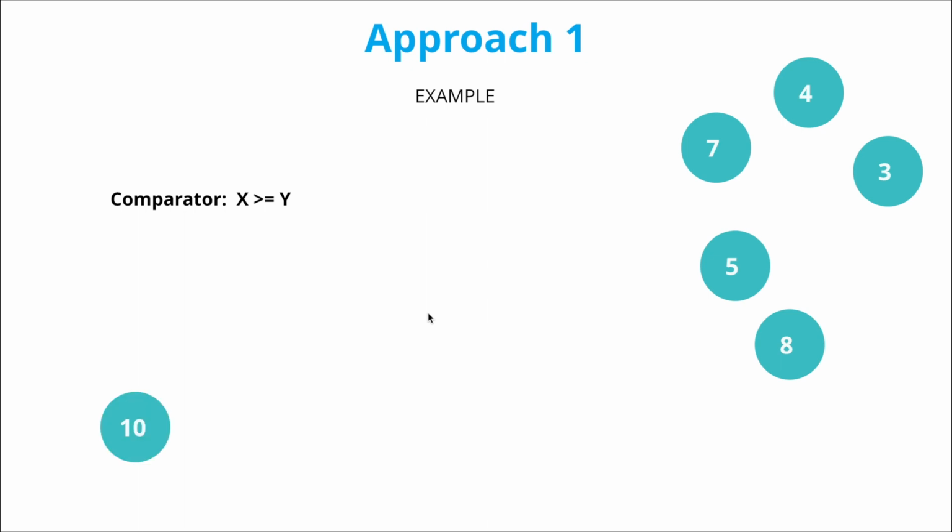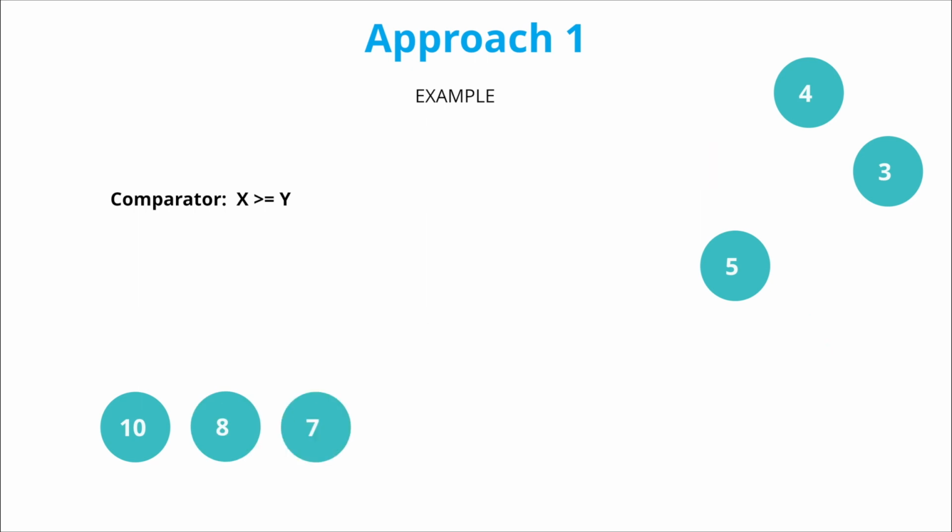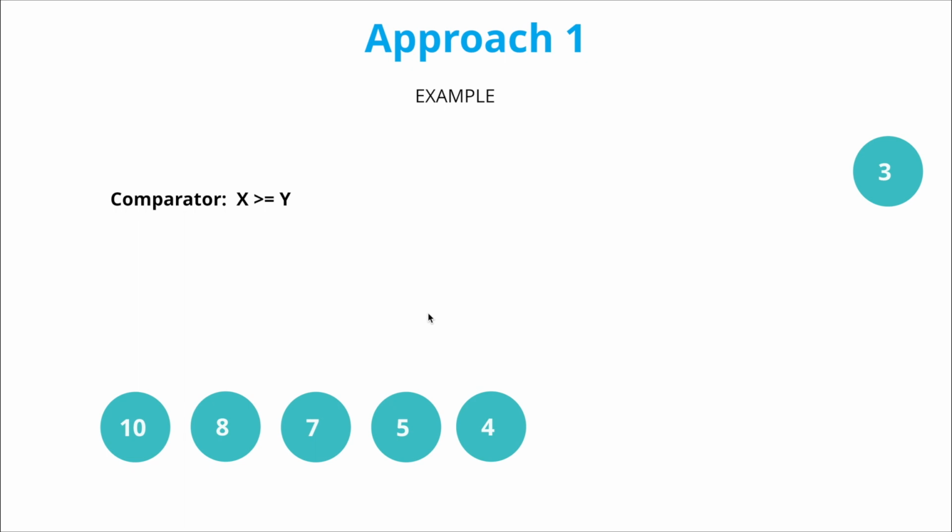Okay, then now I have 8. I have 7, 5, 4, and 3. So you can see that this behaved opposite to what we have before just because we changed the equality sign. So this is the first way to turn a min priority queue into a max priority queue.